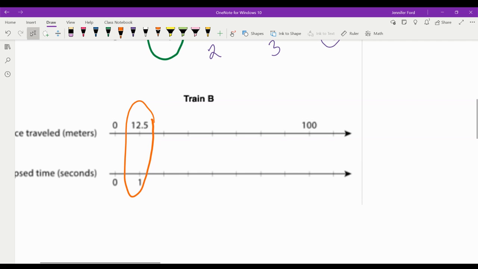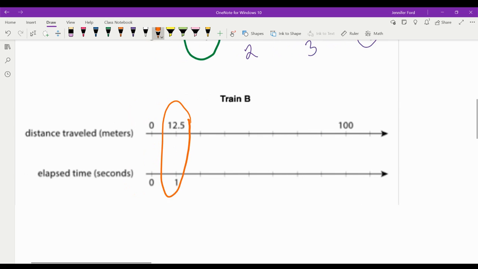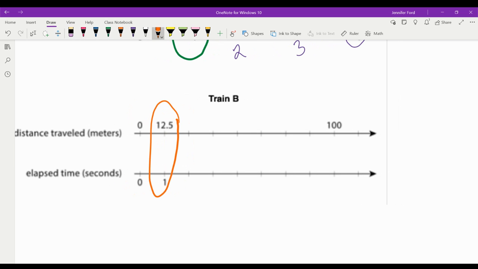So check this out. If it's 12.5 meters in 1 second, then in 2, 3, seconds, if I add 12.5 every time, it'll be 25.